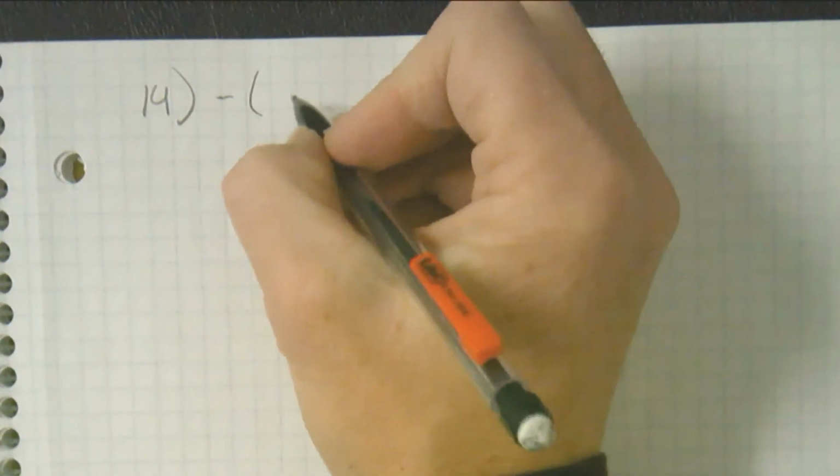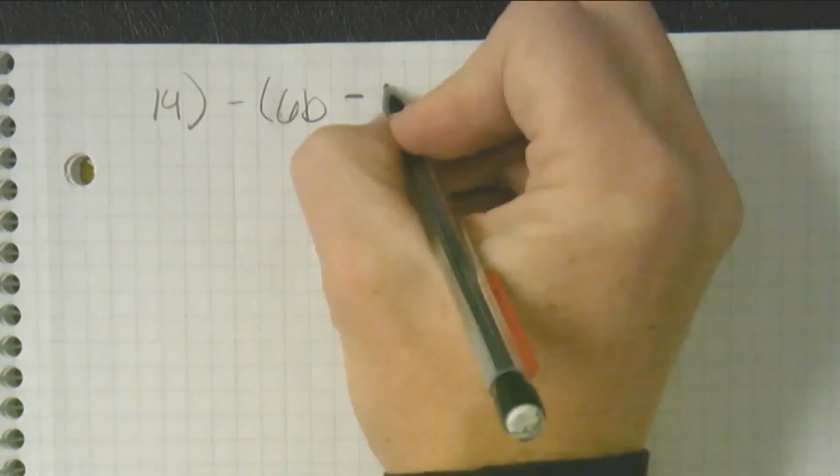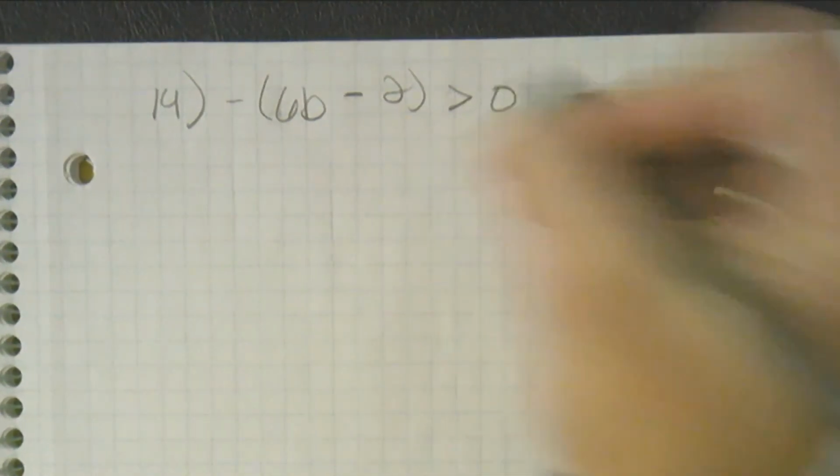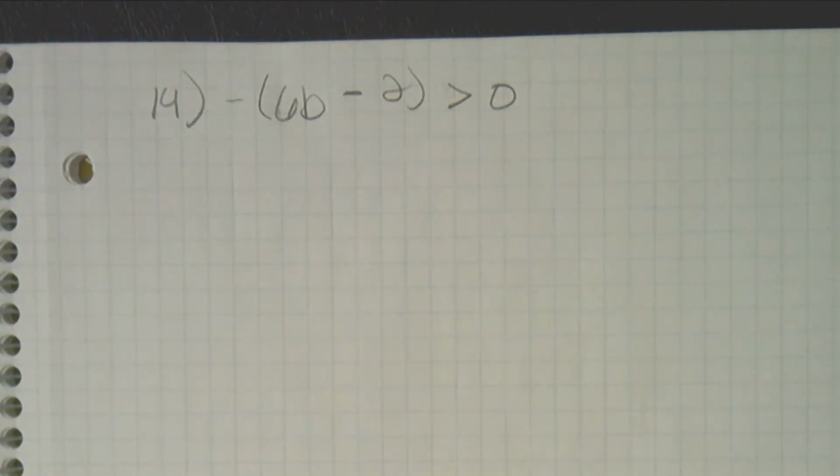I have negative 6 times b minus 2 is greater than 0. Why is this one tricky? Why is that one tricky? Because it is tricky. Chris? Thank you.